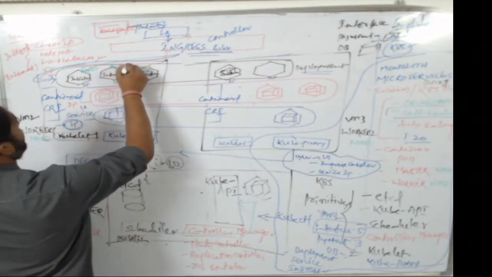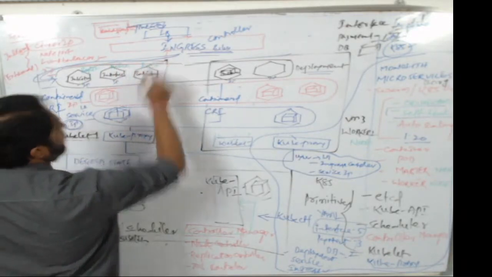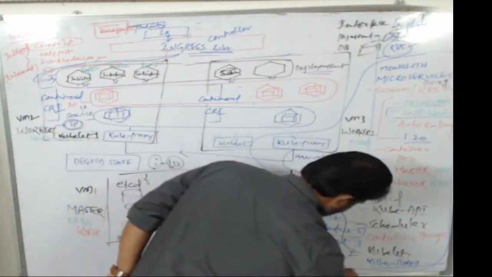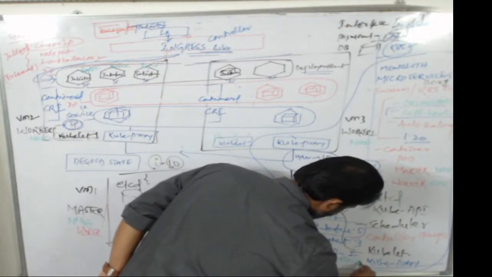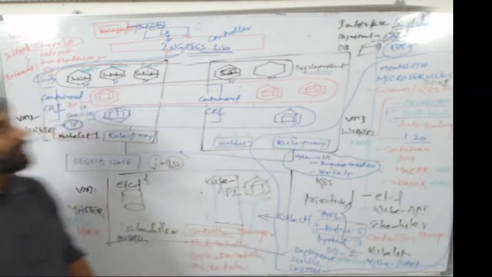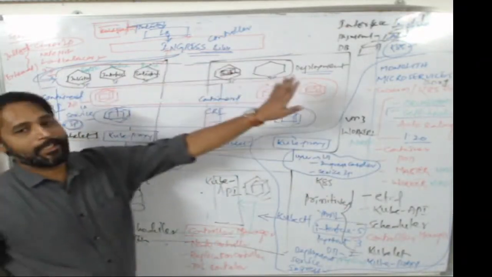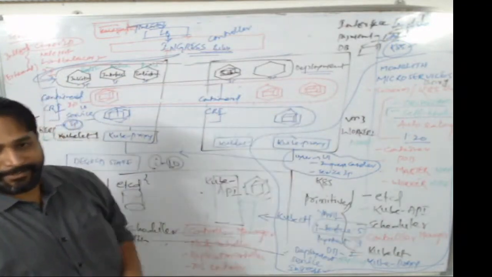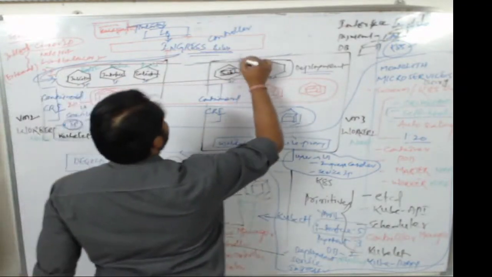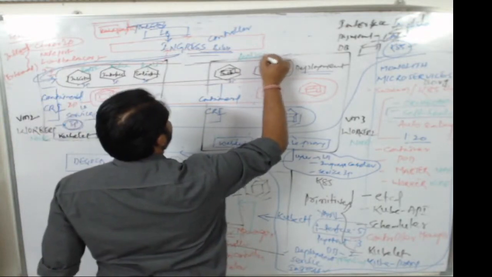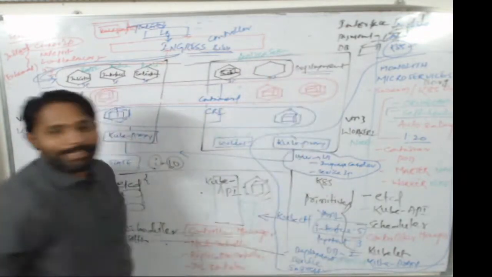This is also a replica. So deployment and replica. All these replicas together is called a replica set. So a deployment has a replica set.